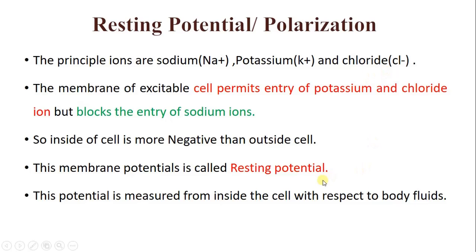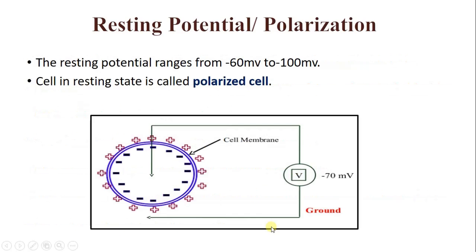And if we measure the potential inside with respect to the outside body fluids, you can see it will be negative. So the resting potential of the cell is negative. You can see the interpretation. Inside of the cell is negative, outside we have positive sodium ions.